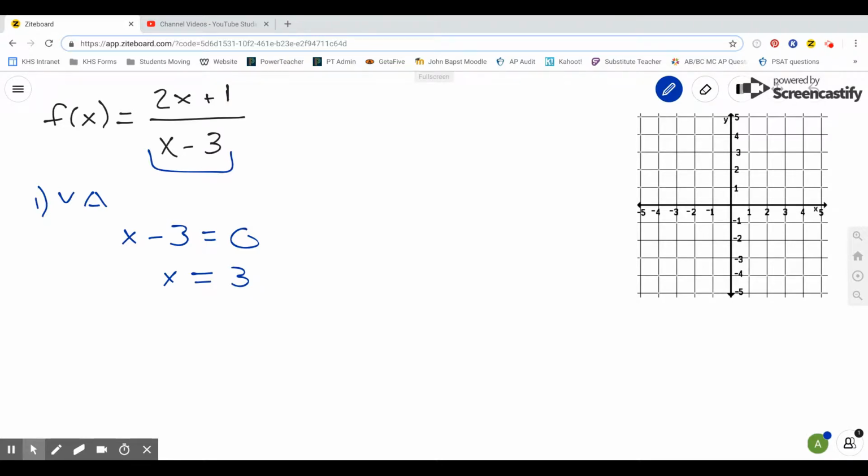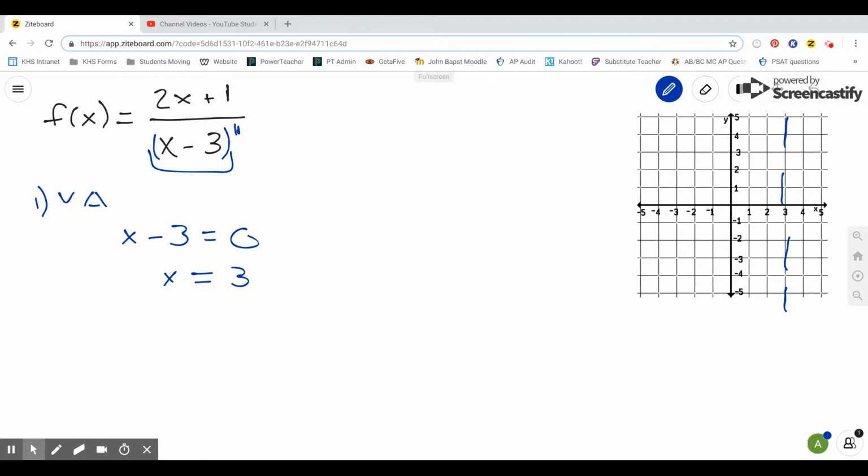So I'm going to go over to our graph, and I'm going to put a nice dotted vertical line for our vertical asymptote on x equals 3. And then the question becomes behavior around that vertical asymptote. And so this is a factor raised to the first power.